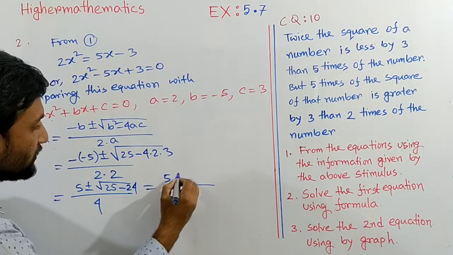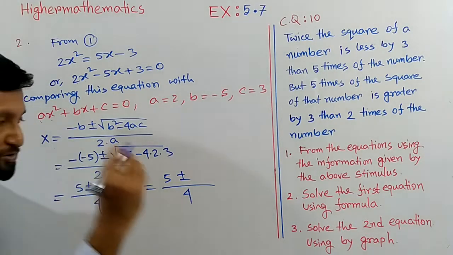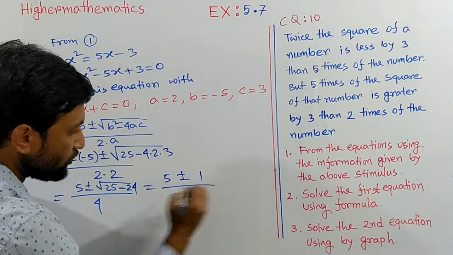So 5 plus minus root of 25 minus 24, that means root 1, that means only 1.